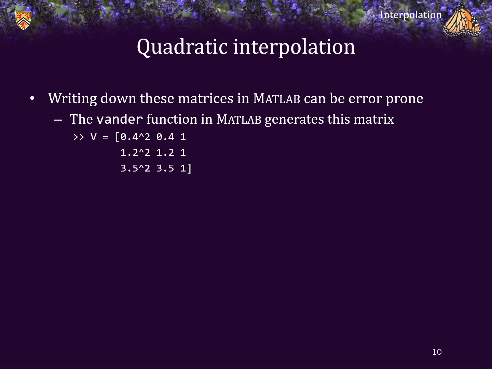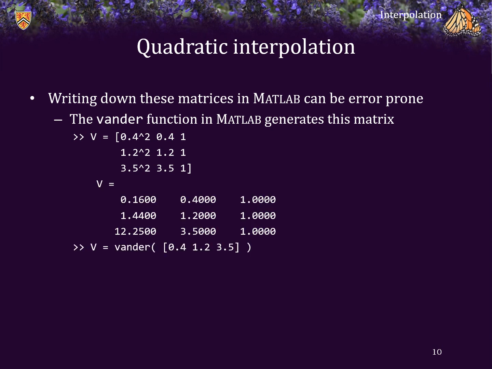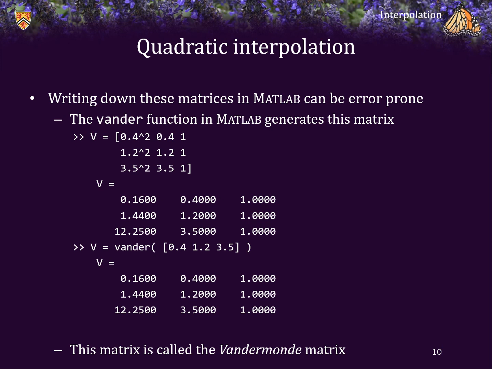Consequently, instead of writing this matrix for these three x values, 0.4, 1.2, and 3.5, we can instead call vander with a vector with three entries in it, 0.4, 1.2, 3.5, the three x values. As you can see, this gives us exactly that same matrix. This matrix is actually called the Vandermonde matrix.